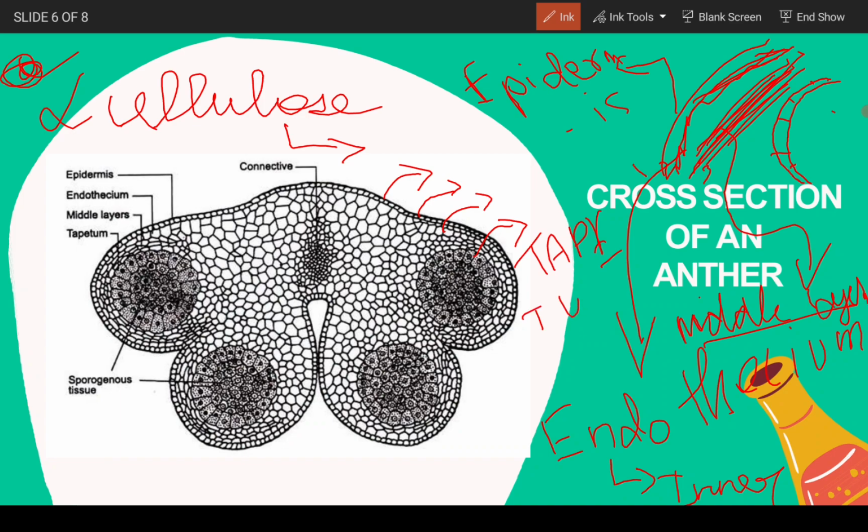Sounds really exotic, right? Tapetum is the innermost layer, in direct contact with the sporangia, which are four in number. It is the nearest neighbor for the sporangium.